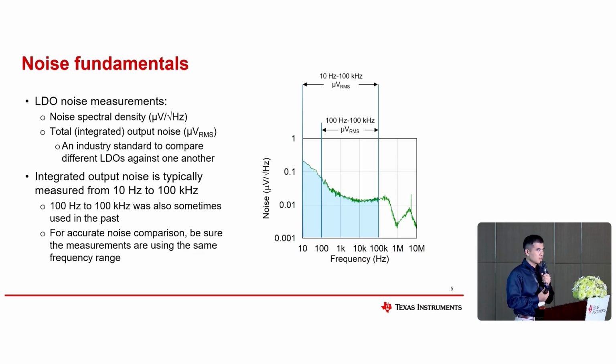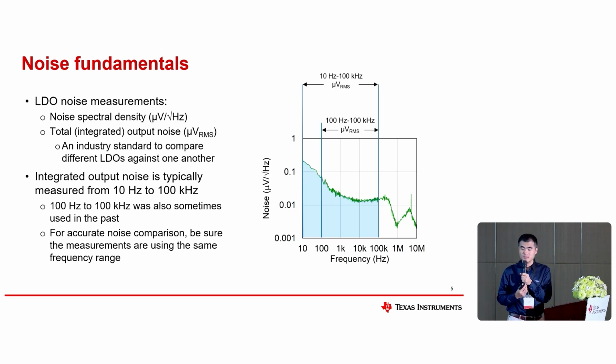So let's talk about the noise. For noise, there are two methods to measure. One is the noise spectral density, the unit is microvolts per root hertz, and another is total output noise, the unit is microvolts. For this, it's very easy, it's only integrated from the noise spectral density.